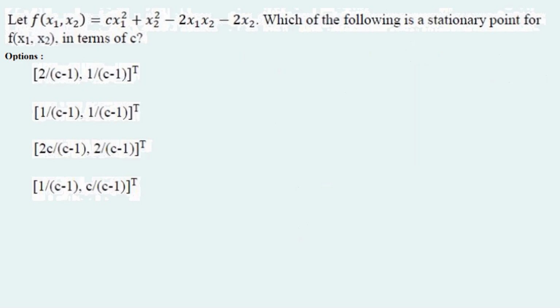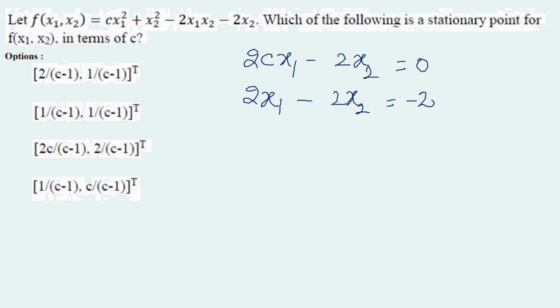Now solving both equations, that is 2c x1 minus 2x2 equals 0 and 2x1 minus 2x2 equals minus 2. In both equations 2 is there on both sides, so reducing these equations yields c x1 minus x2 equals 0 and x1 minus x2 equals minus 1.